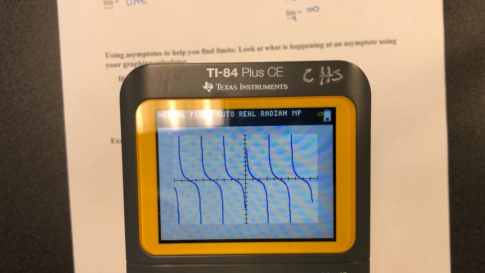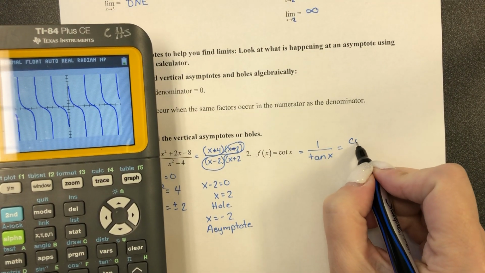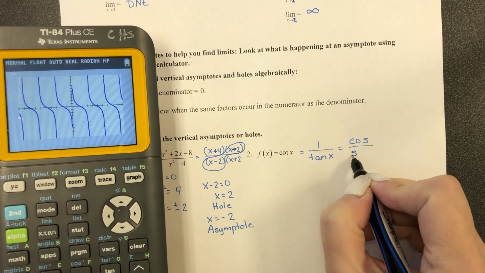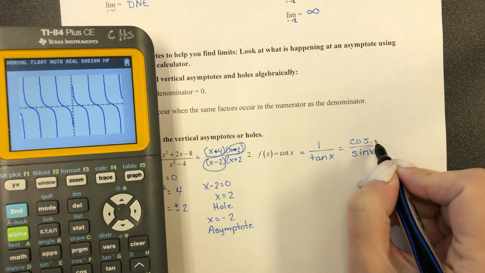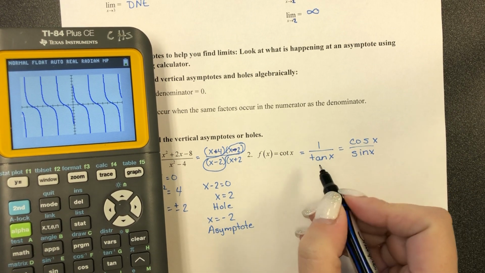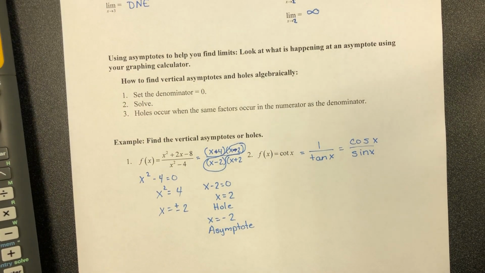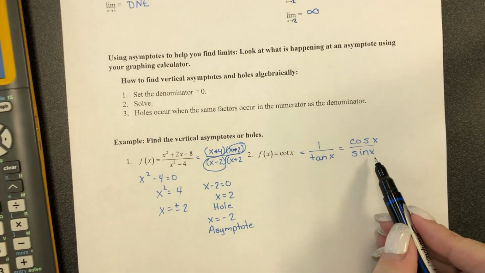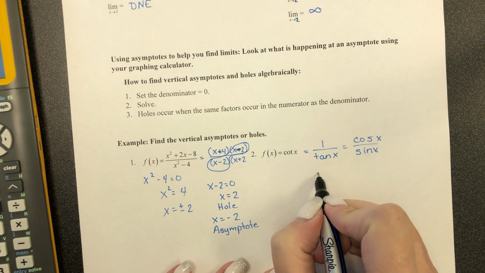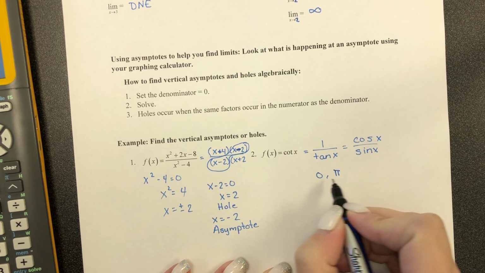So just looking at this, and just kind of a reminder, cotangent can also be written as cosine over sine. You're looking for all the places on the unit circle where sine is 0. Now, if I'm just looking between, let's say, 0 and 2 pi, sine has a value of 0 at 0, and it also has one at pi.